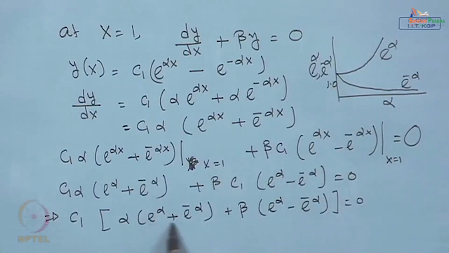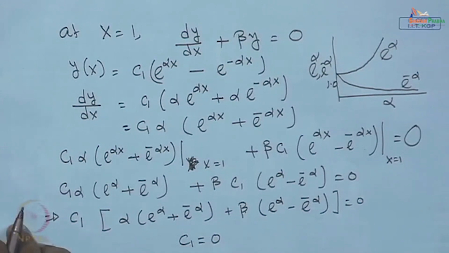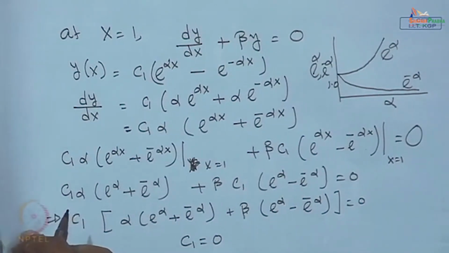So, their combination is positive, again their combination is positive, and beta is not equal to 0. The whole thing in the third bracket is a positive quantity. So, in order to satisfy this equation, we have to have C1 equal to 0, and let us see what happens if C1 is equal to 0.